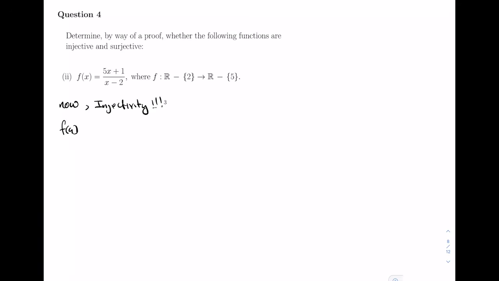f(a) equals f(b) implies that (5a plus 1) over (a minus 2) equals (5b plus 1) over (b minus 2).